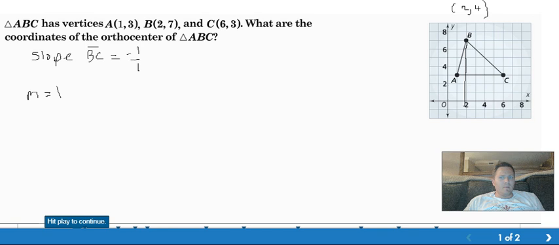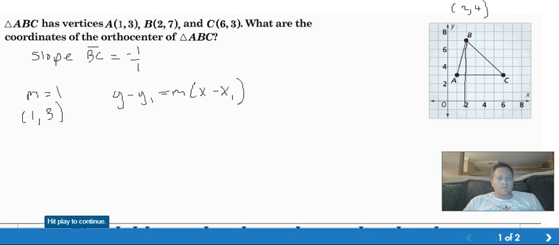Okay, and so if I'm looking at A right here, A is at 1, 3. So I have point 1, 3. Alright, so how can I make a line with a slope and a point? You guessed it, I have my point-slope formula. So I have y minus y1 equals m times x minus x1, and I'm going to plug these three numbers into that equation.